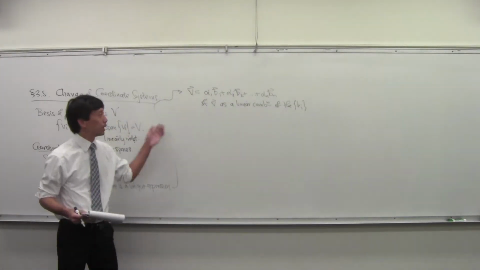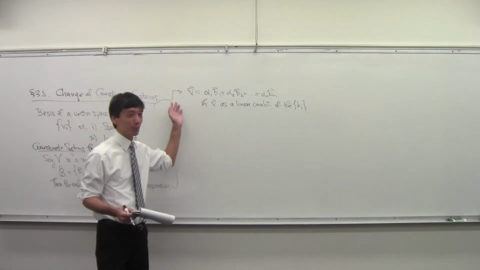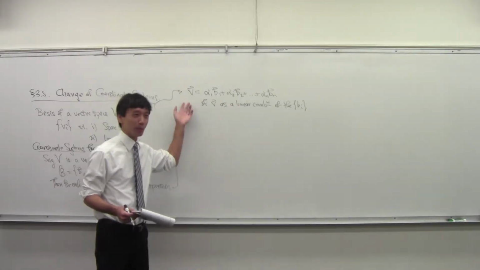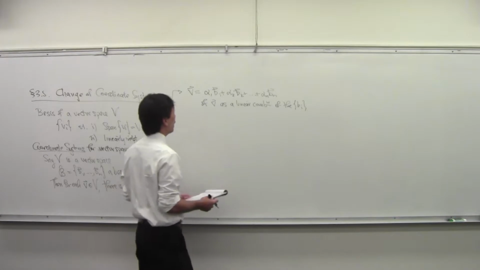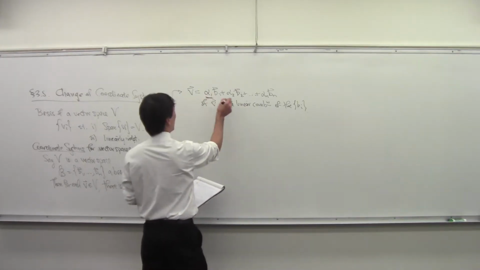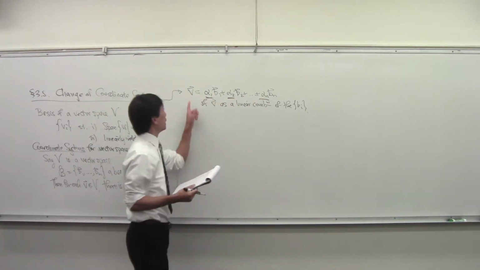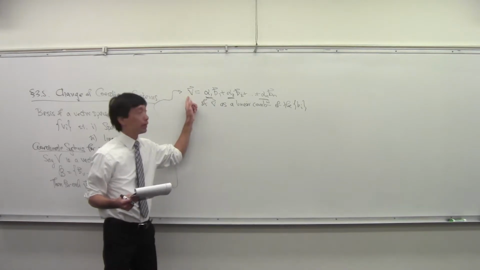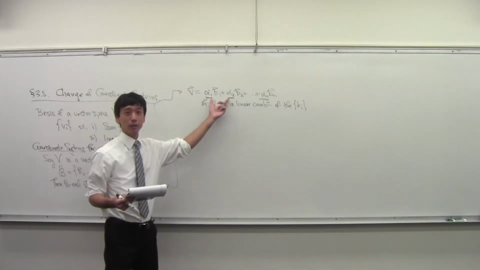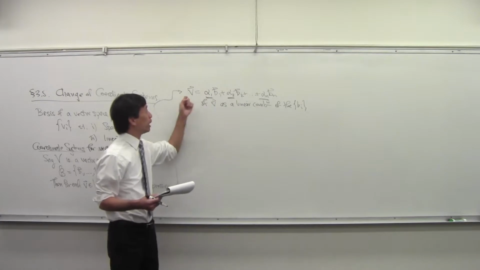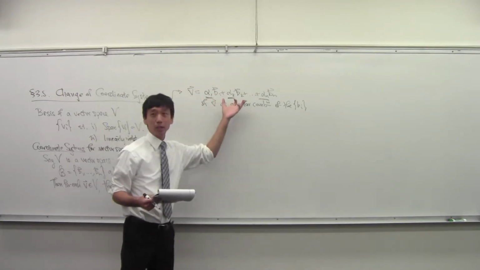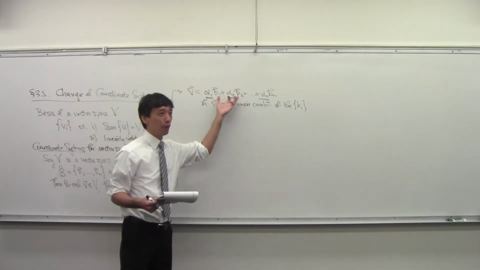That's what we said. We said it a few minutes ago, and we're saying it again. So these alpha i's depend on the v. If you change your v, you change your alphas. Every v corresponds to a unique set of coefficients.